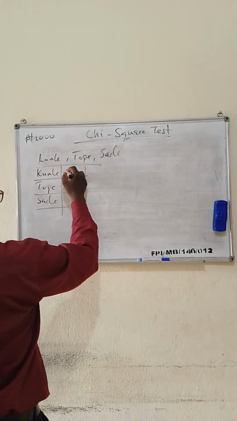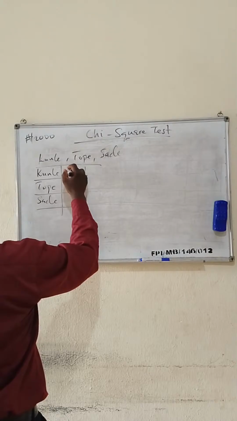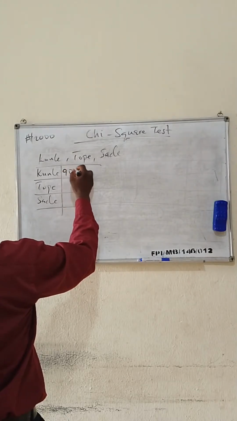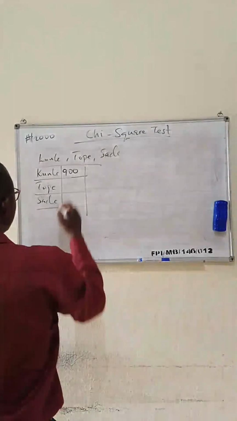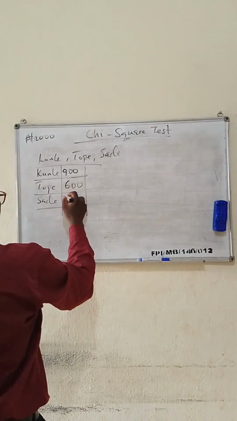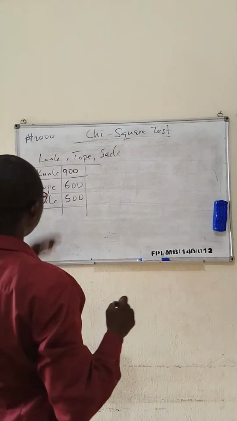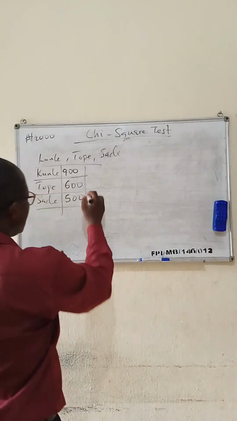He took 900 naira out of 2,000. There will be 1,100 remaining. Then Tope took 600 and they gave 500 to Shade. So these are the observed.